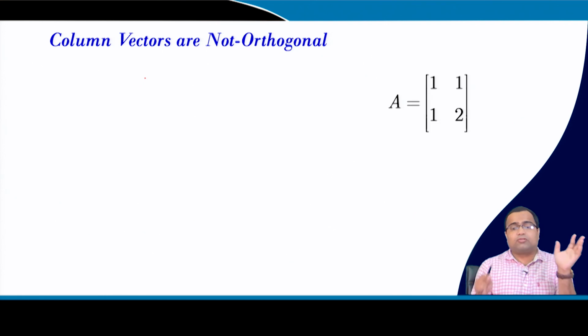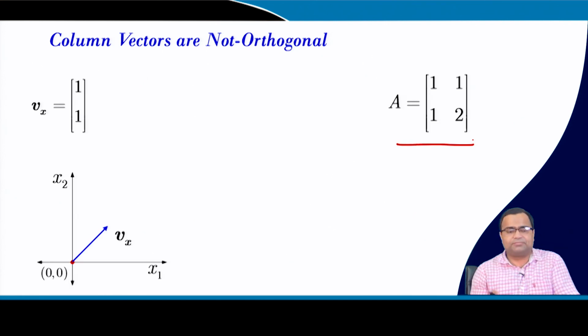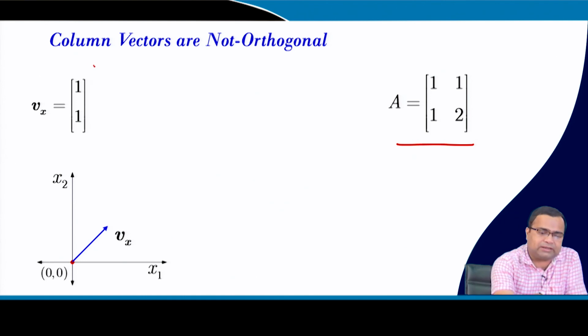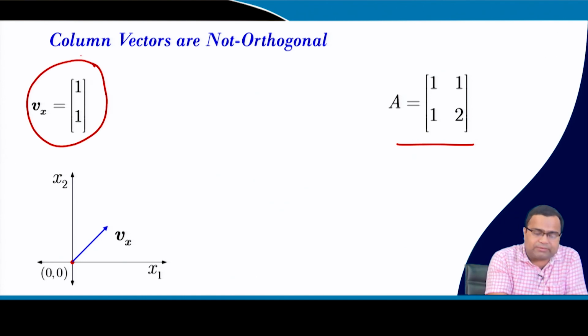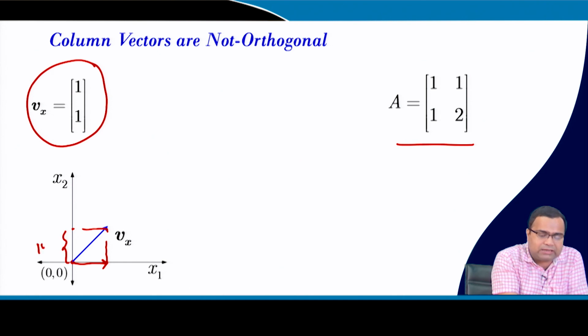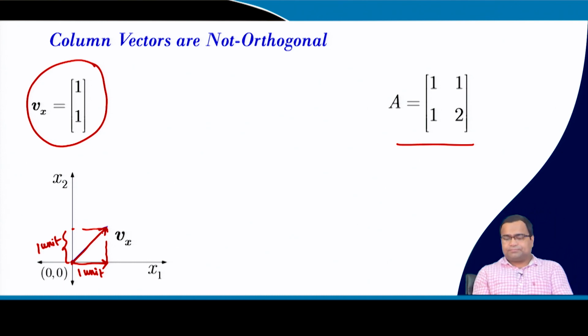Now, for column vectors which are not orthogonal, we can consider another scenario, A, where the first vector is Vx, 1 1. That means you take 1 unit length here and another unit length here. This is my 1 unit length and this one I have 1 unit length, so together they combine to create this Vx.